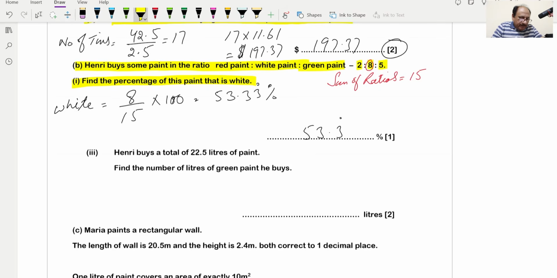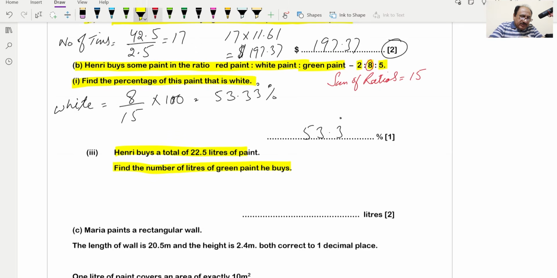Now part 3. Henry buys a total of 22.5 liters of paint. Find the number of liters of green paint he buys.